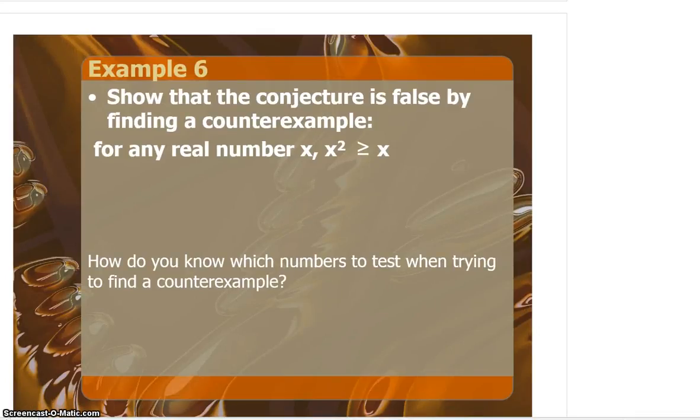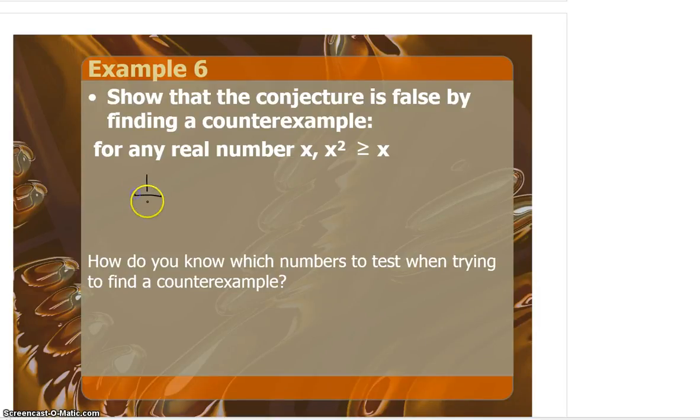Show that the conjecture is false by finding a counterexample. For any real number x, x squared is always greater than or equal to x. Well, once again, try positives. 2 squared is 4, which is greater than or equal to 2, and so on. And that is always true for positive numbers. What about for negative numbers? Well, same thing, because whenever I square a negative number, it's always positive. So then I have to think about fractions and decimals.